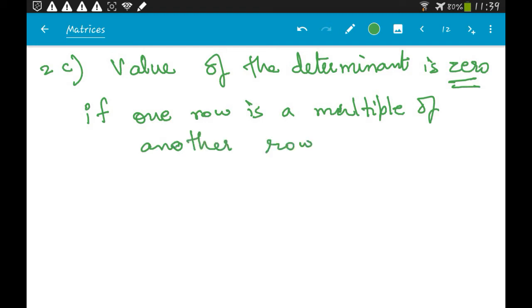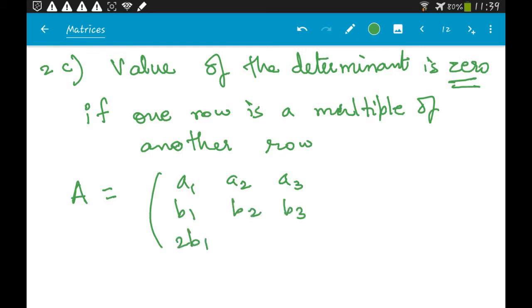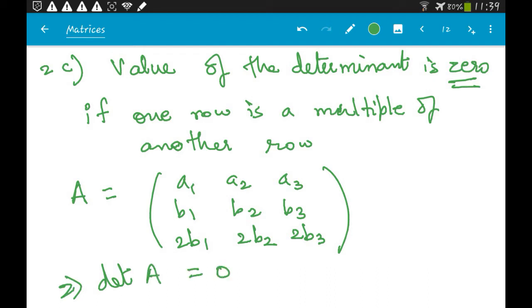Okay, so what does this mean? If A has rows A1, A2, A3, B1, B2, B3 and 2B1, 2B2, 2B3, then determinant of A will be 0 because row 3 is nothing but 2 into row 2. So row 3 is a multiple of row 2, and in that case determinant of A will be 0.